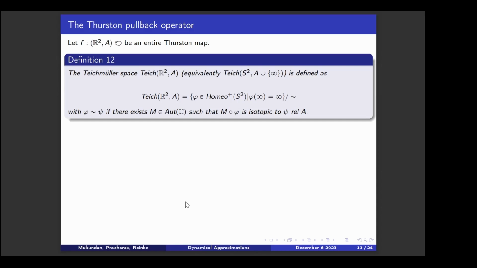The diagonal space, R to A, or equivalently S to A union infinity, is the diagonal space of the sphere modeled with A union infinity.